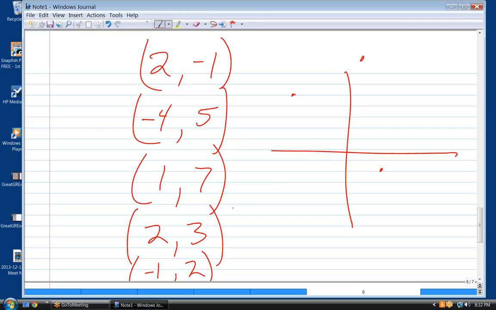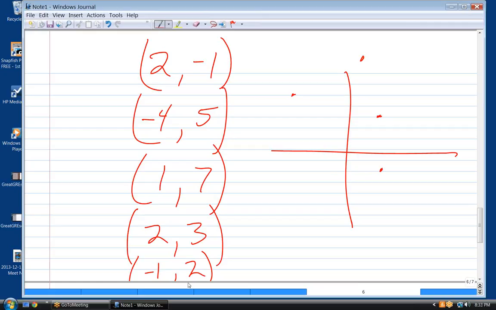2, 3. Well, 2 is right here, and we already had a 2, -1. So 2, 3 is right there. They both have the same x coordinate and different y coordinates. The definition of a function is that for every value of x, you will have only one value of y.